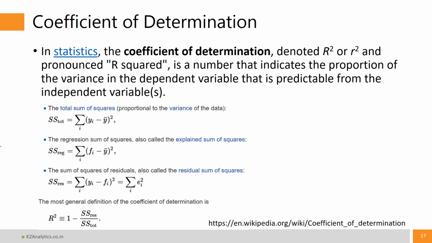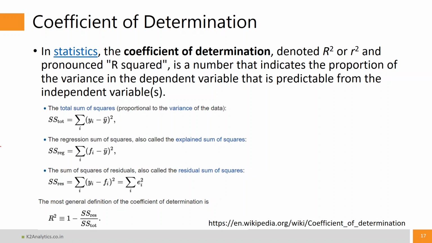In statistics, the coefficient of determination is denoted by R squared, and it is a number that indicates the proportion of the variance in the dependent variable that is predictable from the independent variable.